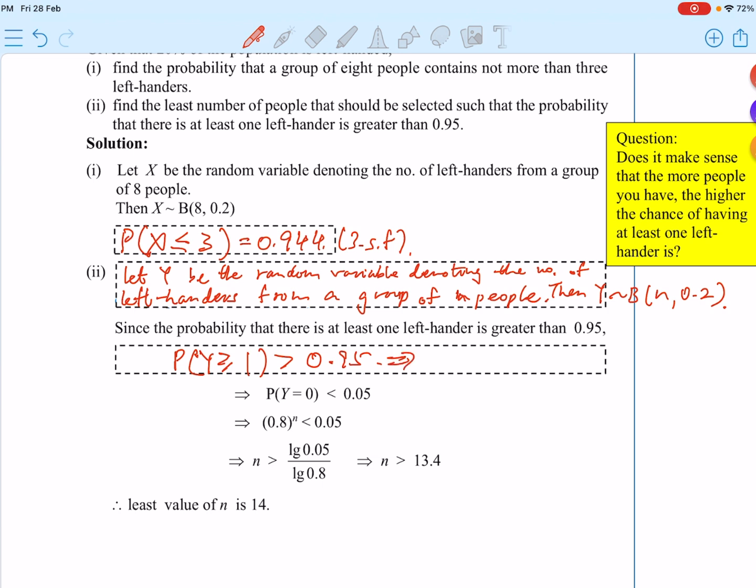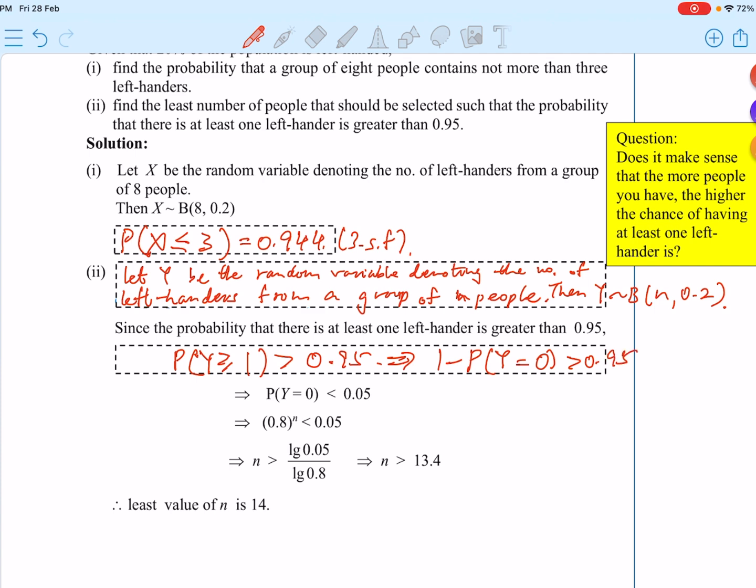This is the same as 1 minus probability of Y less than or equal to 0. In your binomial distribution, the smallest value that the random variable can take is actually 0, so we write equal to 0. Then it's greater than 0.95.